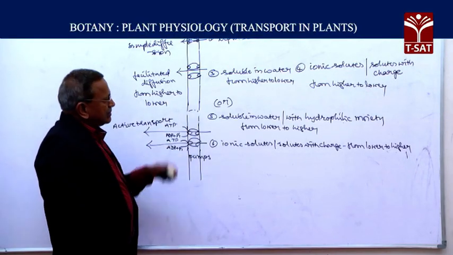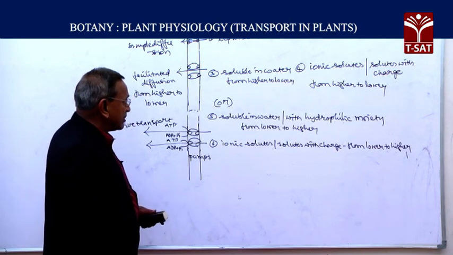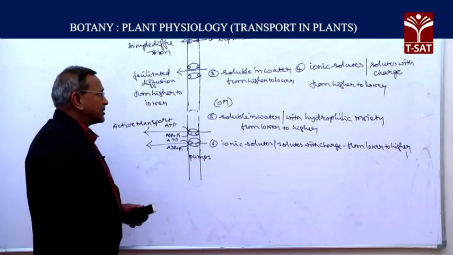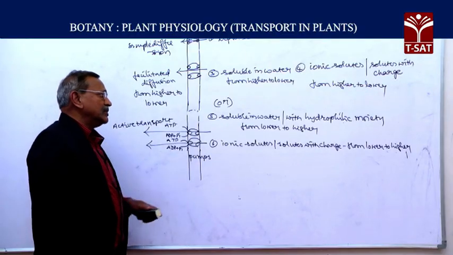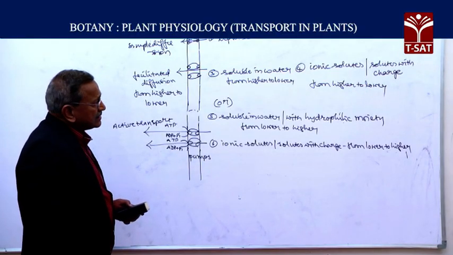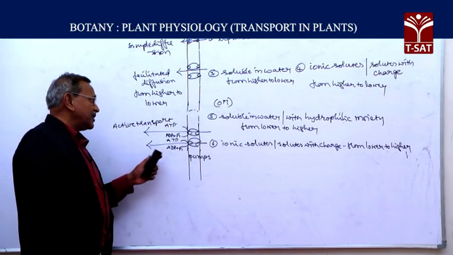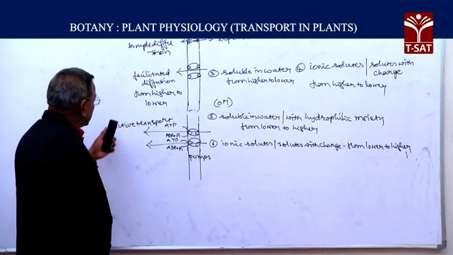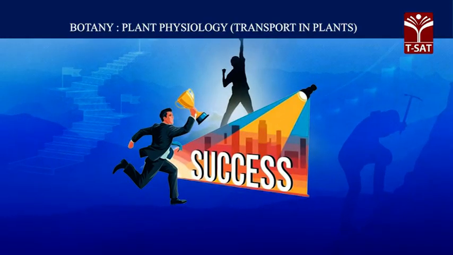And water soluble substances with hydrophilic moiety, or ionic solutes with charge, when they are to be transported from lower to higher concentration, they require carrier proteins that work by spending metabolic energy. These are called pumps.